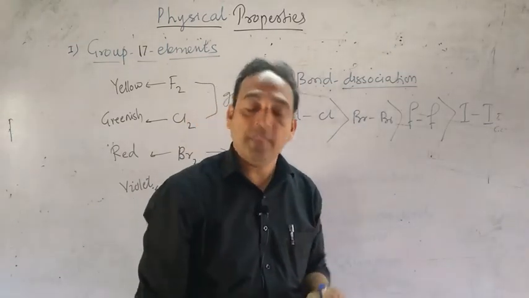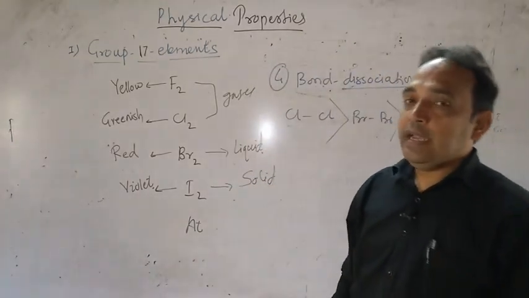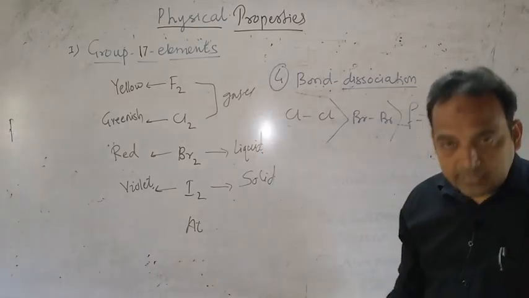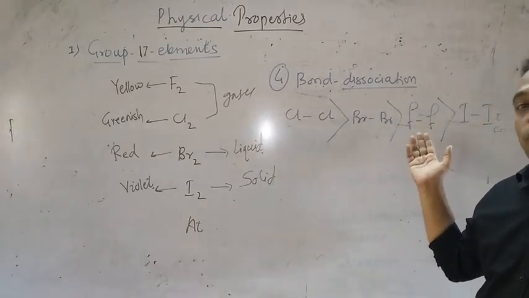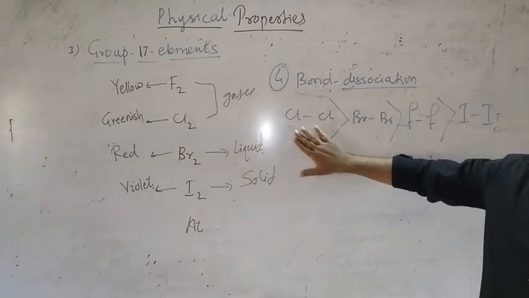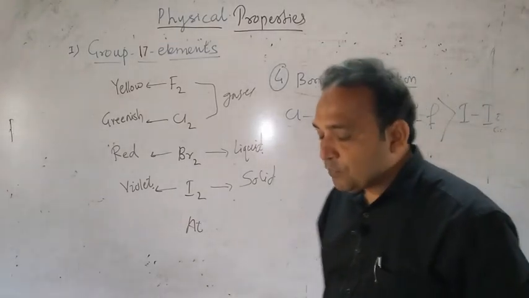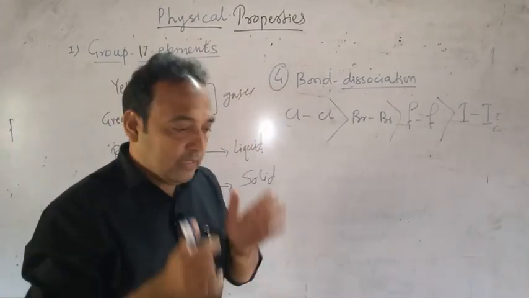Why? This question may arise in your examination or entrance examination. Why is the fluorine bond weaker, or why is the bond dissociation energy of fluorine less than that of chlorine?